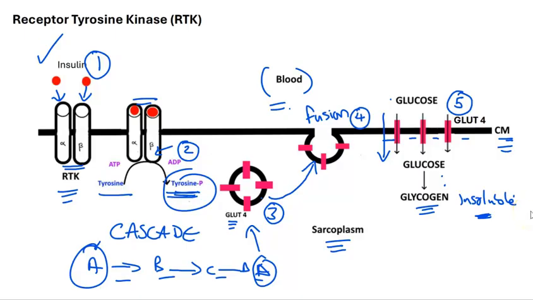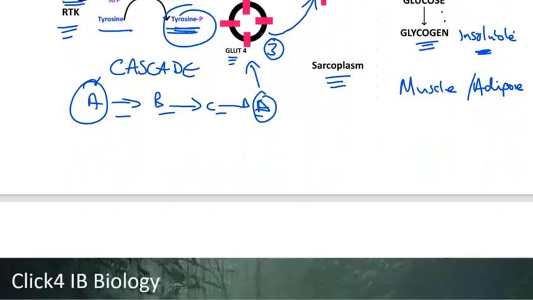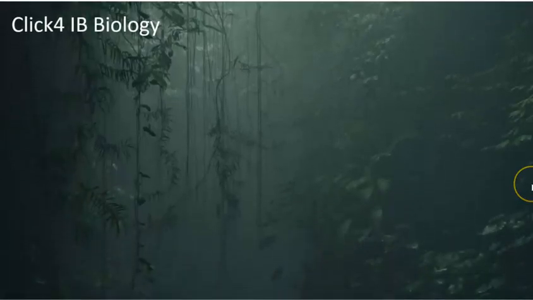So this is a reminder that this happens in muscle cells and adipose; the transportation into liver cells is a slightly different mechanism. So operating at a distance, we have insulin there, another example of a ligand bringing about a signal transduction, the transduction being the storage of glucose.